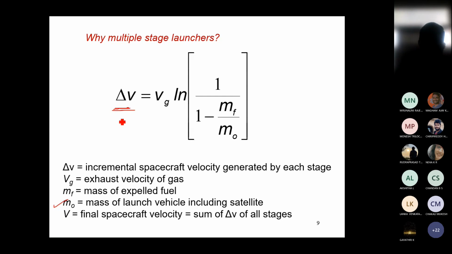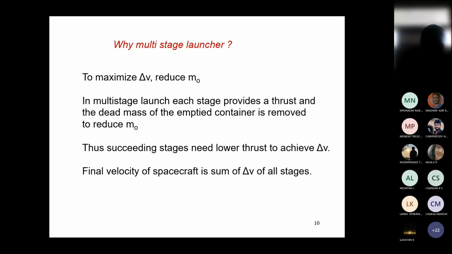This is the incremental velocity which is generated by different stages. This is why there are multi-stage launchers. In multi-stage, each stage provides a thrust and the dead mass of the entire container is removed.